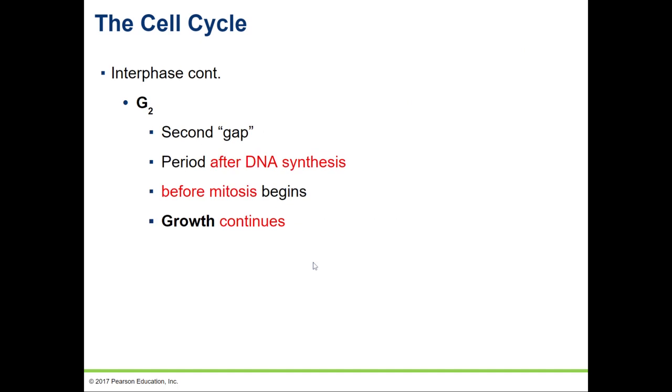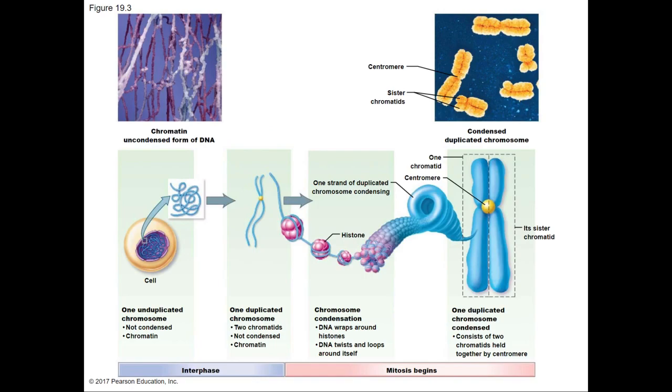And during G2, we have more growth. So then we're going to enter into mitosis, and we need to take all that spaghetti stringy DNA chromatin, which is in the nucleus, and begin to condense it down so that it's safe to take through mitosis.